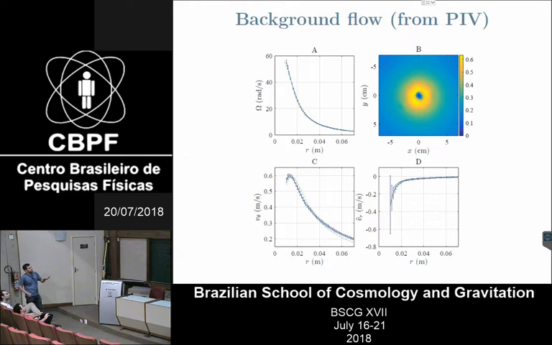We also measure the flow using a technique called particle image velocimetry. We shine a laser on the surface of the water, and we have some very fine particles in there. By tracking the particles, we can basically measure the flow. I'm not going to focus much on this, but this is basically the angular velocity and the radial velocity.